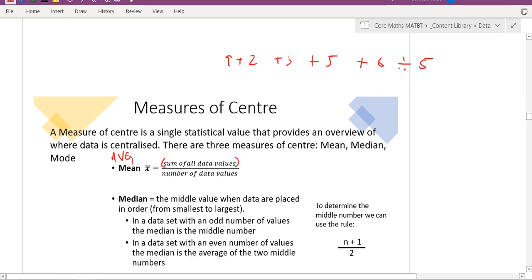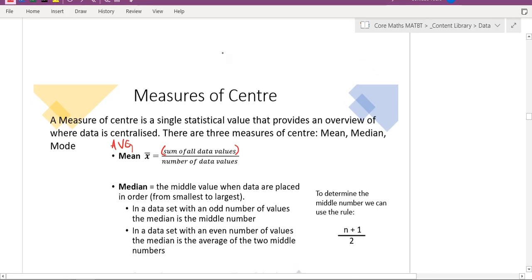You're not dividing the total. You're only dividing 6 by 5. Your calculator is going to do the division first and then add it with that. You have to make sure you use brackets. Add all the numbers together, then divide it by 5. You have to use brackets. Don't make the mistake of not using the brackets.